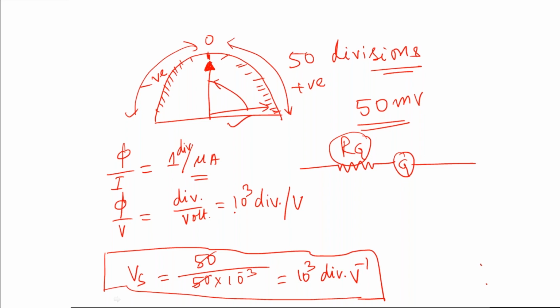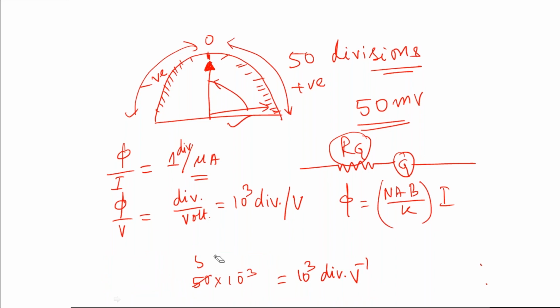Like we have the equation theta is equal to N A B by K into I. From this equation, what is the voltage sensitivity and what is the current sensitivity?